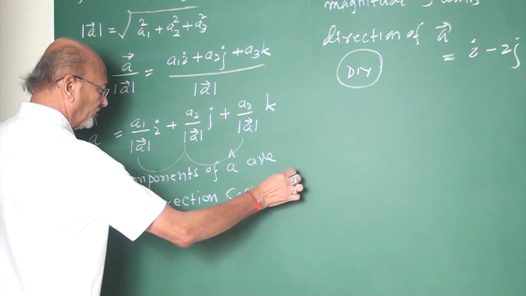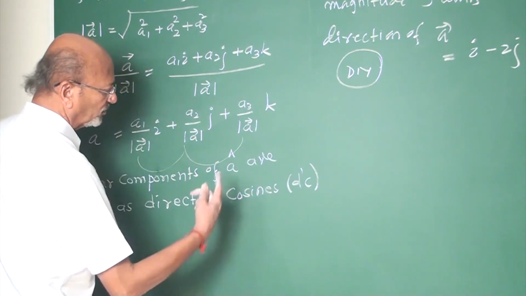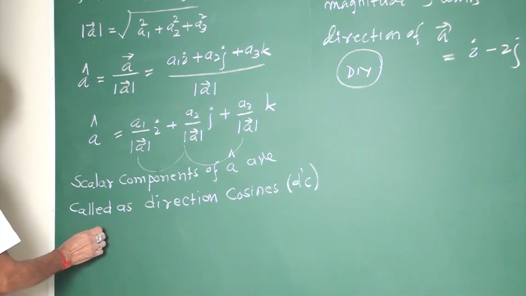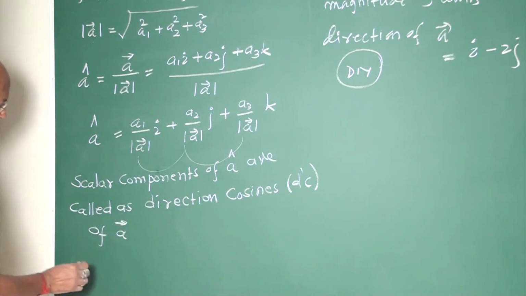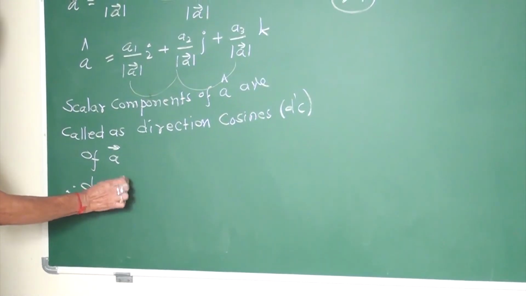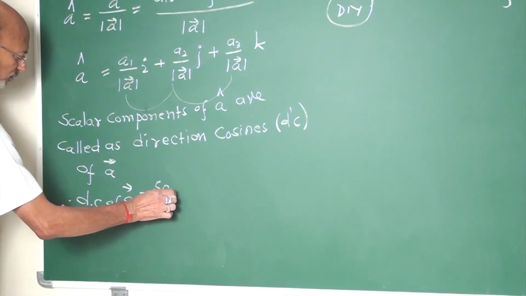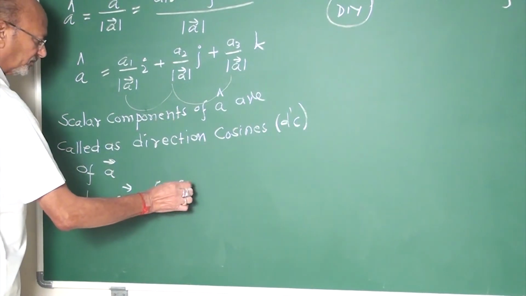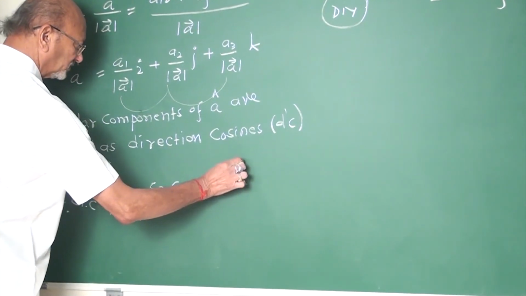We write this in the short form, direction cosines of the vector A. Therefore, my friends, direction cosines of vector A are scalar components of A cap.